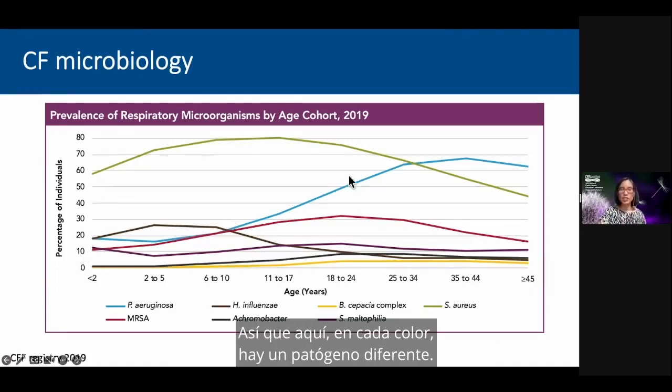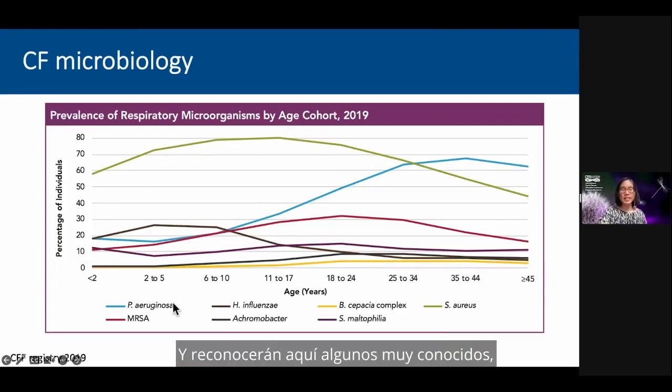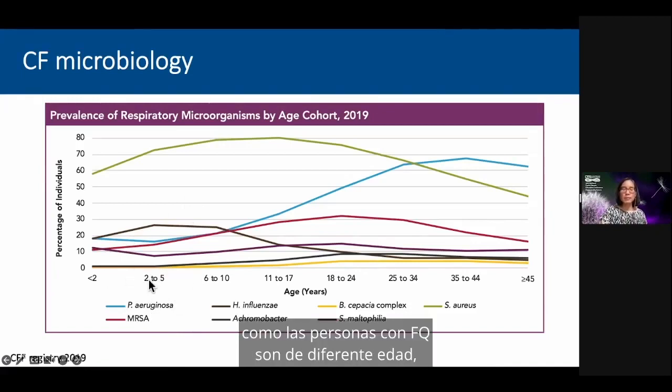So here in each color, you have a different pathogen, and you'll recognize here some very widely known ones, such as Pseudomonas aeruginosa, MRSA.